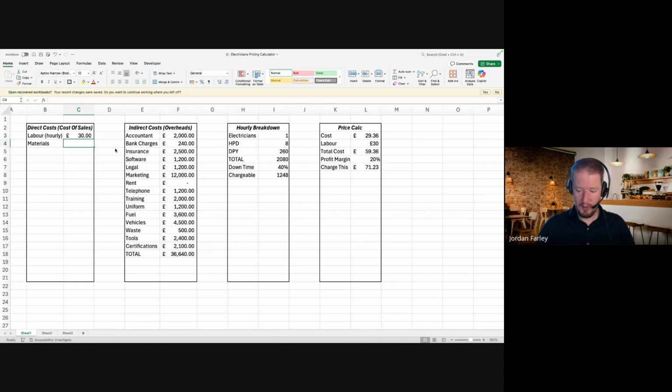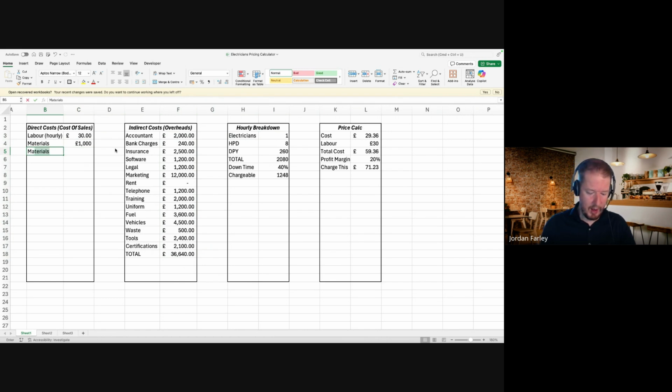So for example, if you're doing a job, maybe it's an EV charger job, and the materials cost you £1,000. If you are not marking up your materials, then all of the time that you spent building that quote, sourcing those materials, on the phone with a wholesaler, arranging deliveries, all of that stuff, it's basically lost time. You're not getting paid for it.